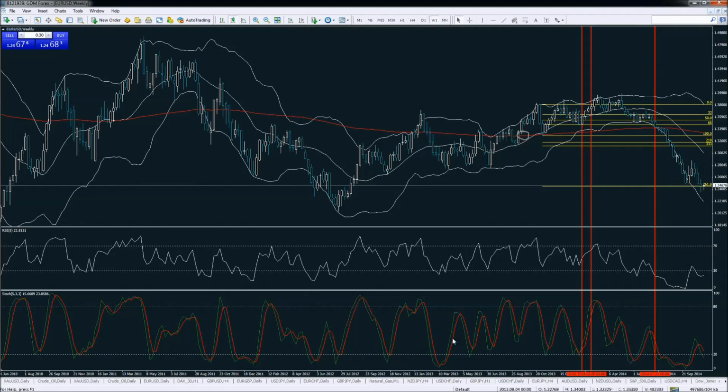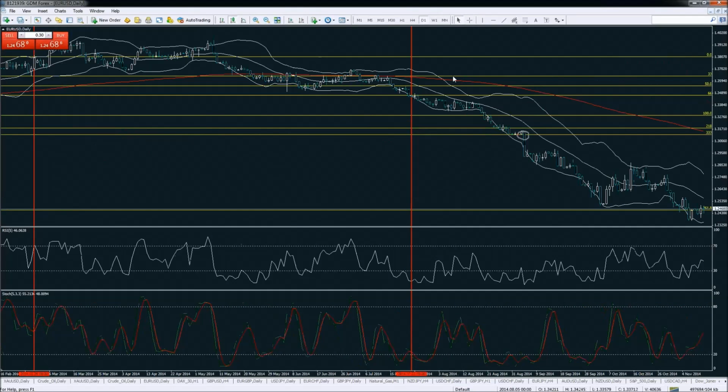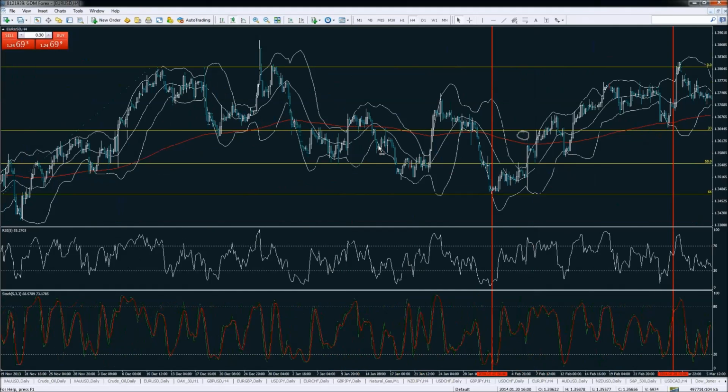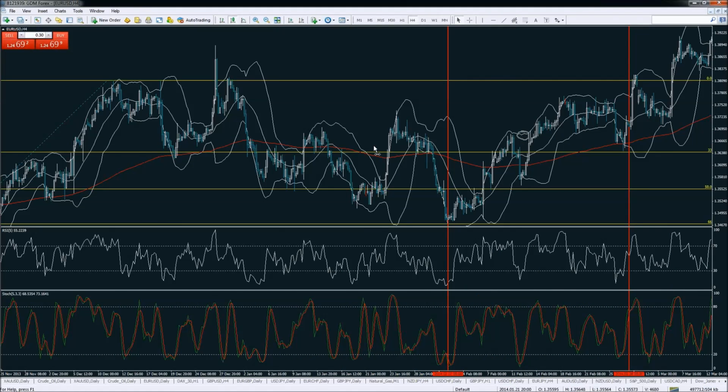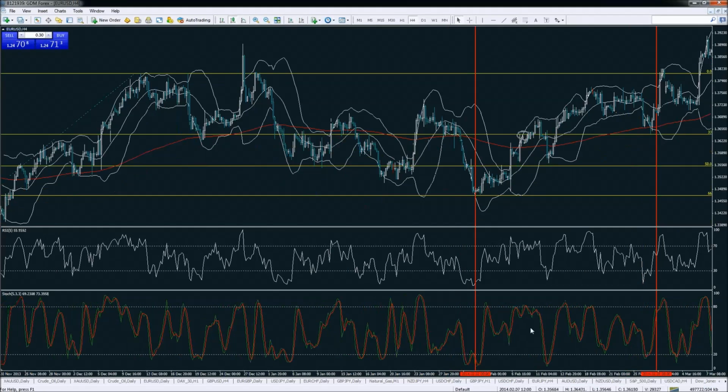Nothing actually corresponds well with the 4-hour chart, where what you can see is further fluctuation, especially on the relative strength and the stochastic.